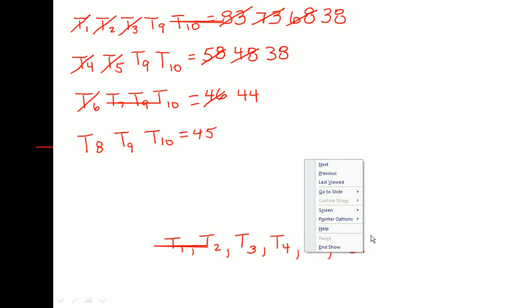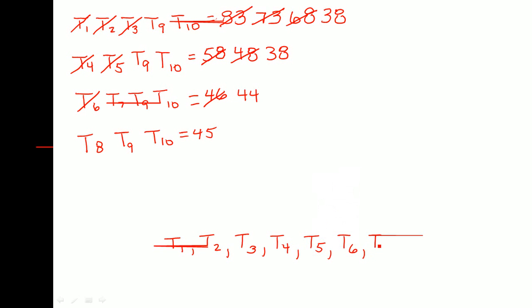45 is now the largest, so that's T8. T8 has a weight of 7, that brings us to 38. 44 is now our largest, so T7 goes on the list.